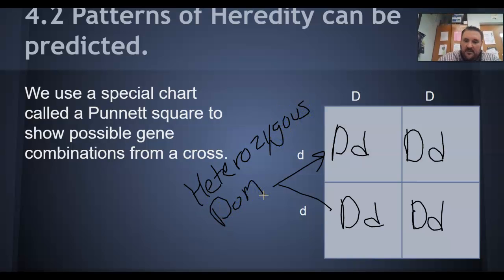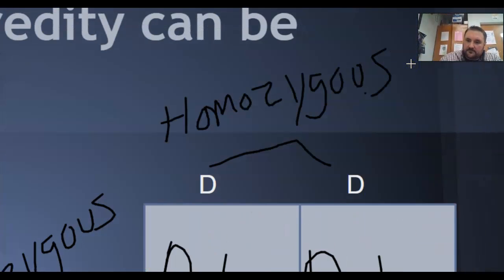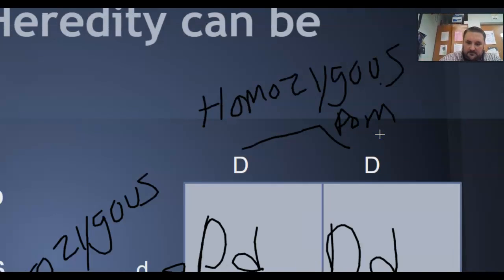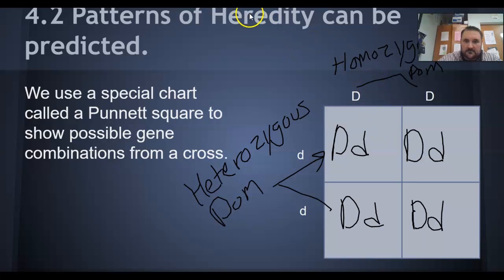The parents, this one was what we called homozygous dominant. And the other parent, right here, this one was homozygous recessive.